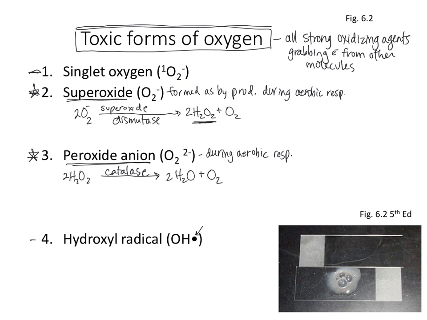Let me just outline the enzymes here in another color. This is going to be a fairly familiar enzyme because this is one that you will be testing for in lab.